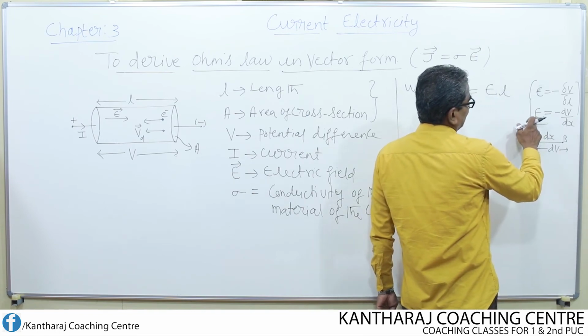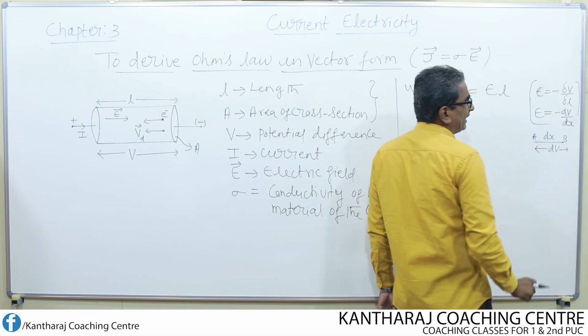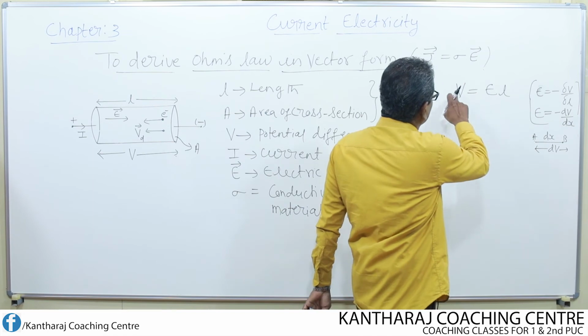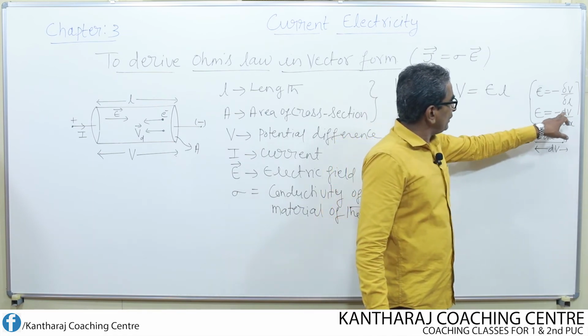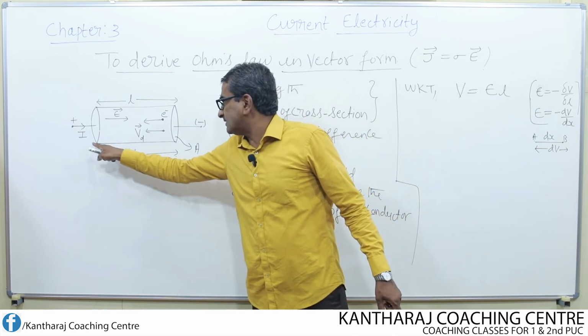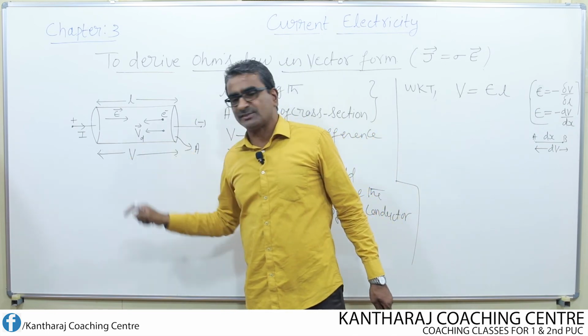Now the electric field at any point is given by E equal to minus dV by dx. Using this equation as the base, instead of dV, which is the potential difference, here we have V as the potential difference between the two ends.